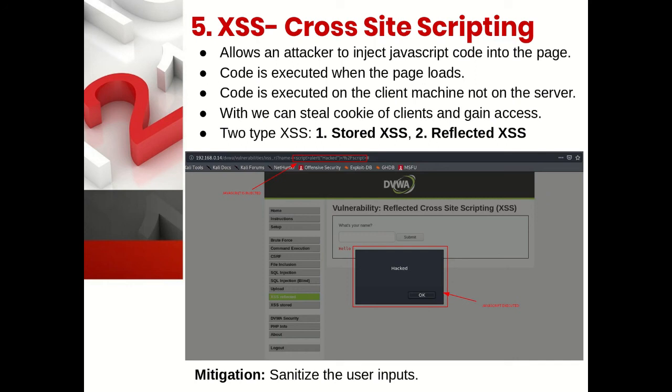With this script, we can steal the cookies stored in the client, impersonate it, and gain access to the client details. There are two types of XSS: stored XSS and reflected XSS.